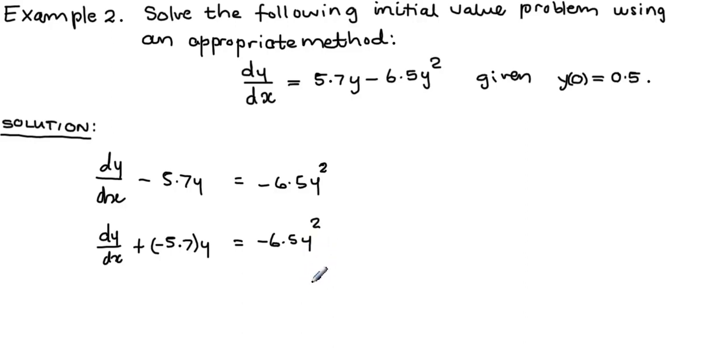This is what people sometimes call Bernoulli's equation, but I just refer to it here as a differential equation which is reducible to a first order linear equation. It is not a first order linear equation, as you can see, because of the y squared. But it is reducible to a first order linear equation by doing a change of variable.